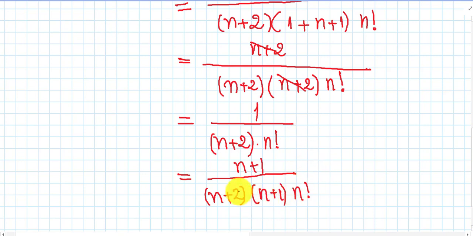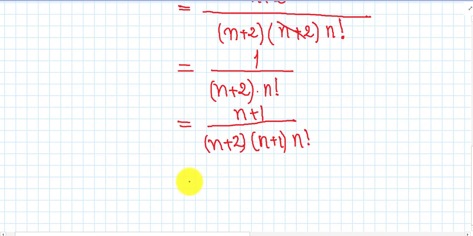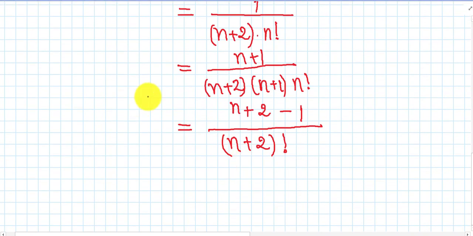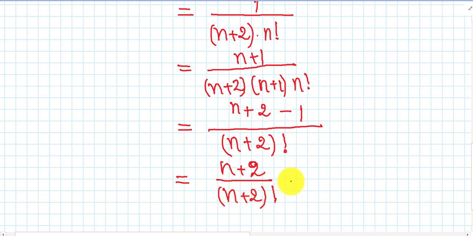So I can write this equal to n plus 2 minus 1 over n plus 2 factorial, and I can write it equal to n plus 2 over n plus 2 factorial minus 1 over n plus 2 factorial.